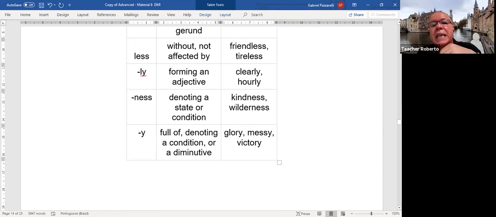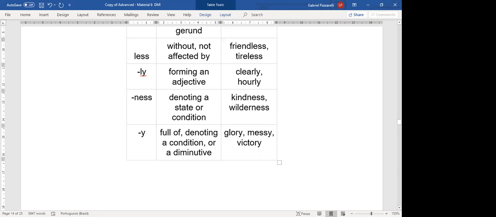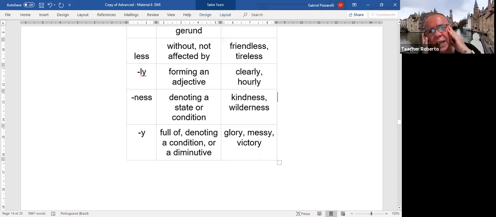Victor, victory. It's the condition: sunny, rainy, windy, foggy, snowy. It's a condition of having snow, okay?